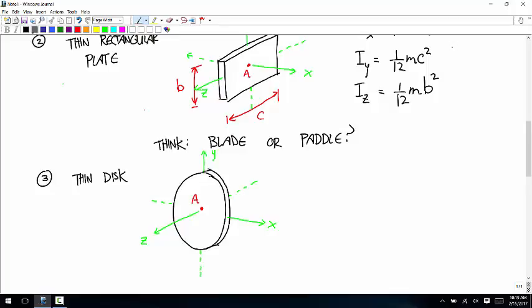So we expect a different value for the moment of inertia about the z-axis. And about the z-axis, you get 1/2 mr squared. R is what you would expect it to be, the radius of this disk.